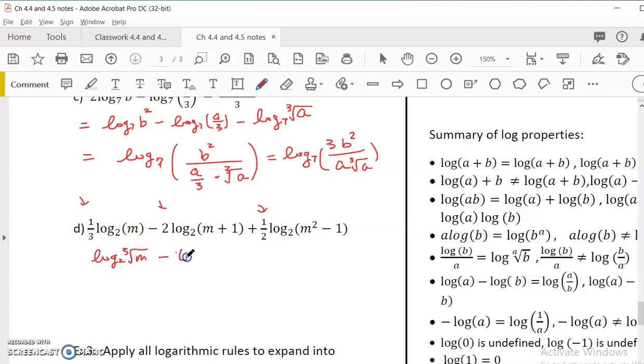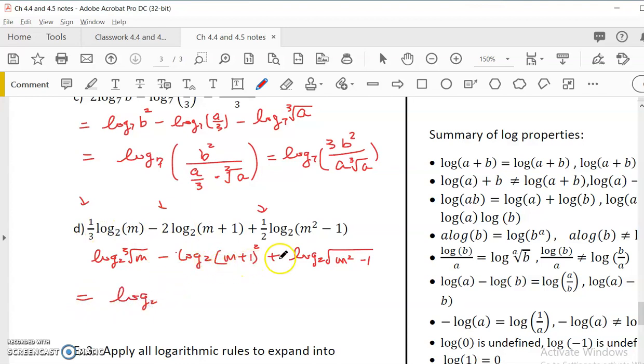Minus log base 2, so do one step. M plus 1, I can't change anything of m plus 1. 2 means square, right? Plus log base 2, m squared minus 1, but 1/2, that means square root of m squared minus 1. So now you have moved all the coefficients inside, you're ready to combine. So log base 2, which term is in the denominator?